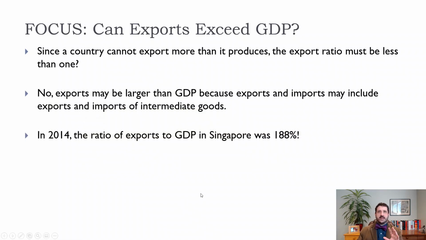Now, one thing that is important to keep in mind: one of the ways to measure GDP is value added, right? So we don't count intermediate goods in GDP, but we do count them in exports and imports. Because we count them in exports and imports, you can actually have an export to GDP ratio of more than 100%.